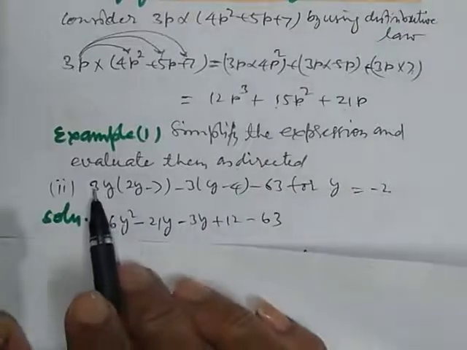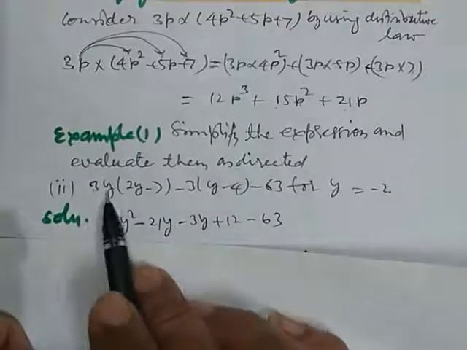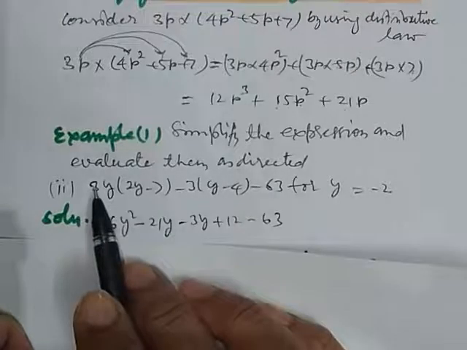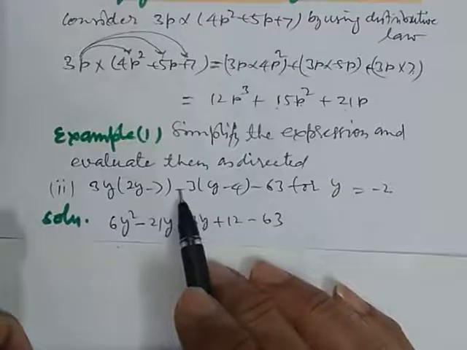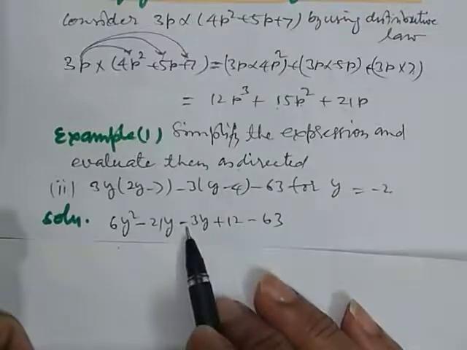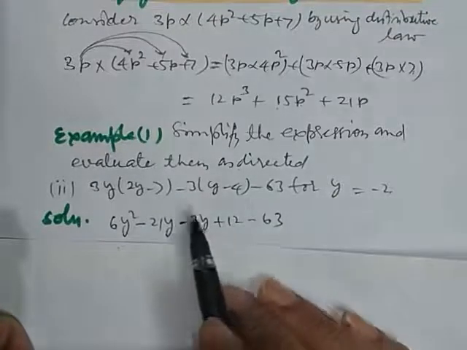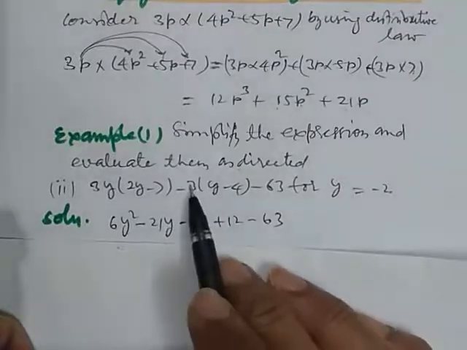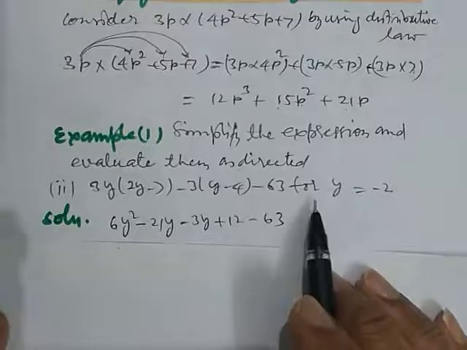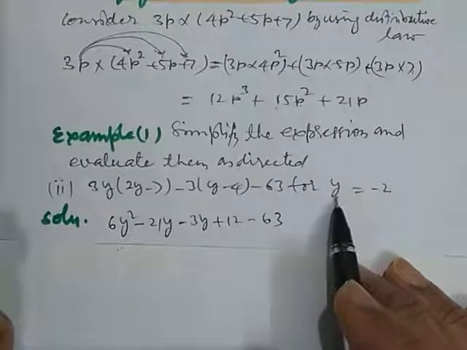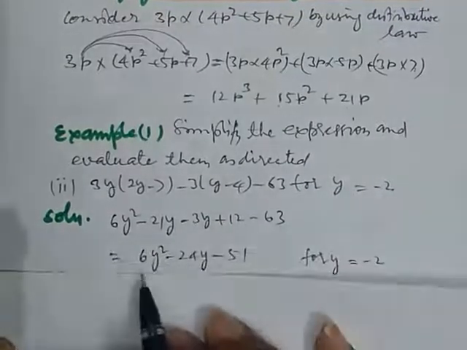We multiply 3y to 2y. 3 2s are 6 and y into y, y square. Again 3 7s are 21y here. Then minus is here, 3 into y, 3y, minus into minus plus, 3 into 4, 12. Then minus 63. Now we have to find the value for y equal to minus 2.